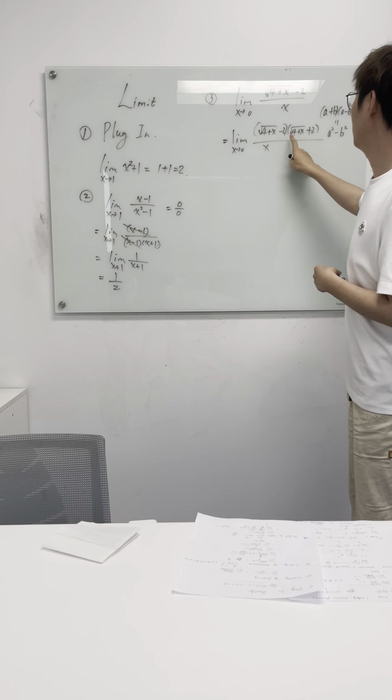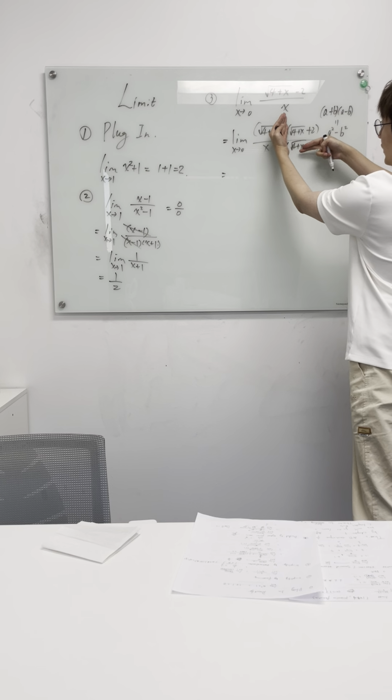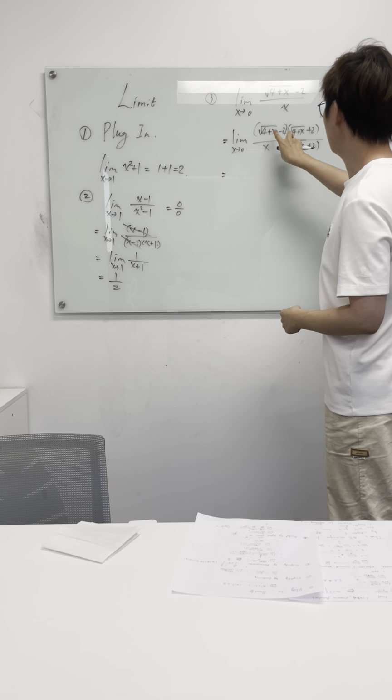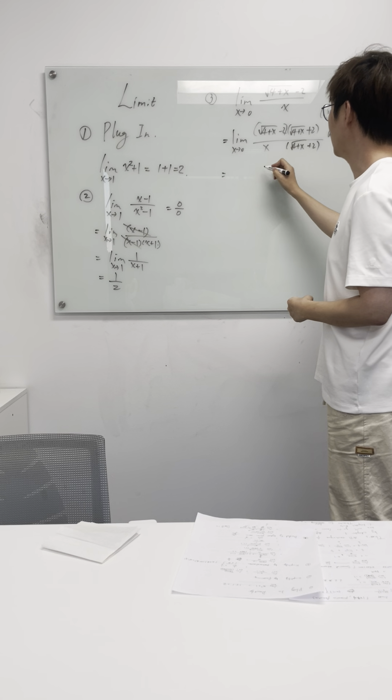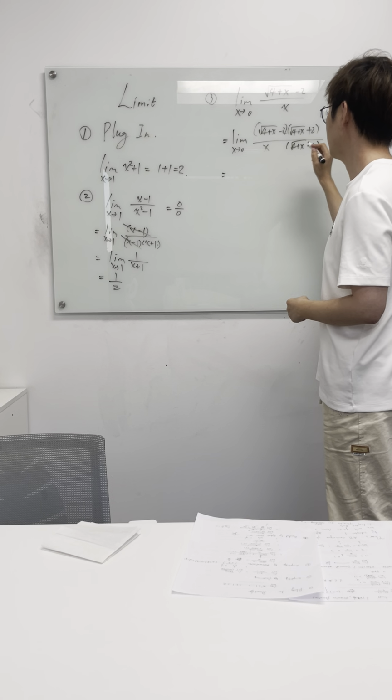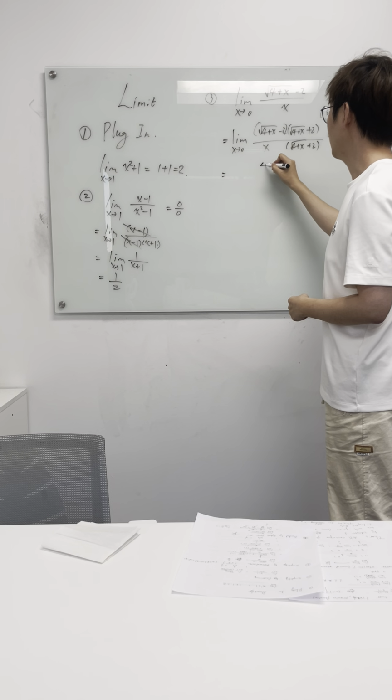Then it means you only multiply by 1, it's the same term. But this is a minus b times a plus b, so we can say it's just a squared minus b squared. For this part, it's just 4 plus x, and minus 2 squared is minus 4. In the denominator, x times square root of 4 plus x plus 2.